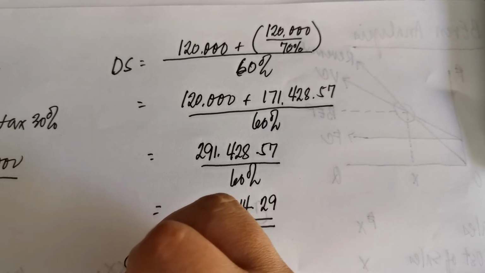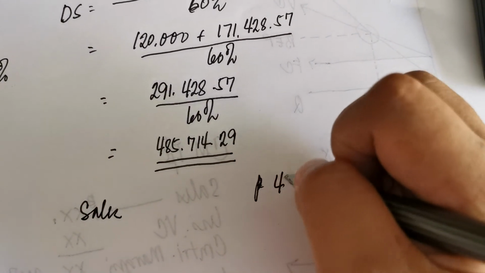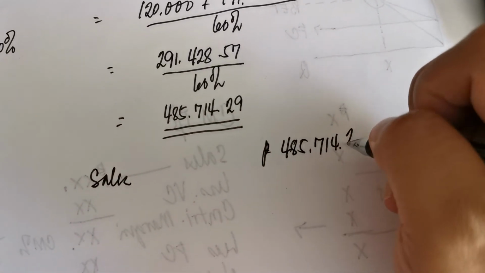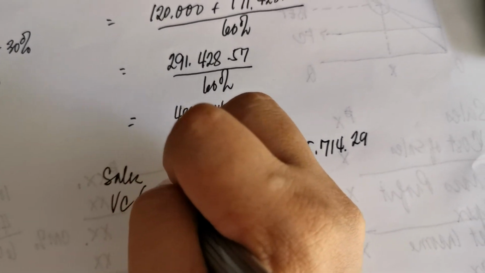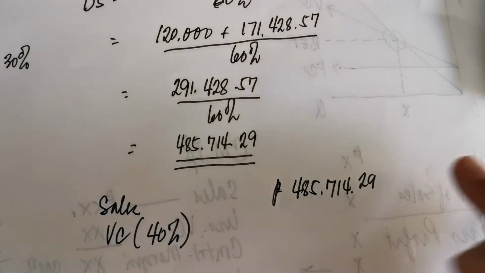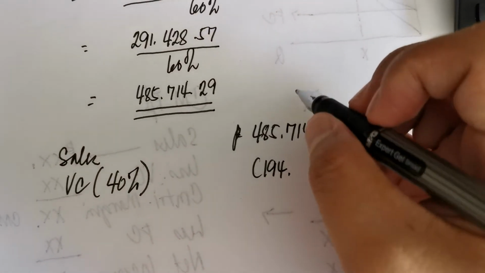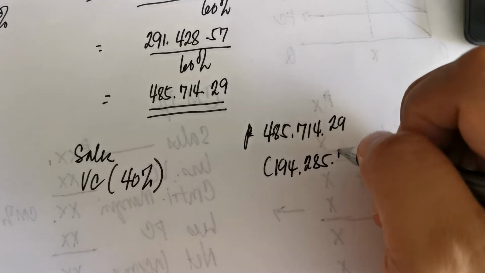So therefore the sales here is 485,714.29 less the variable cost, which is 40%, times 0.4. So therefore this is 194,285.71.